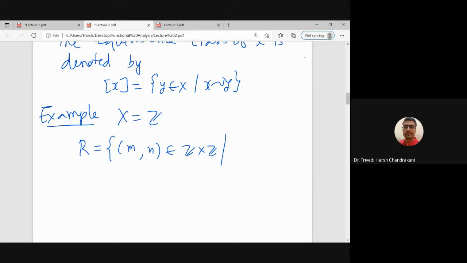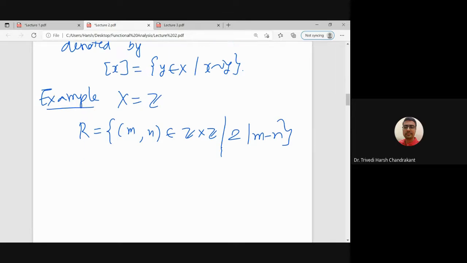For example, we consider that the difference of these two integers is divisible by 2. So let us write it as 2 divides m minus n. Right. So which two integers will be in this set whose difference is divisible by 2? Can you give me some examples? What will be the elements of R?